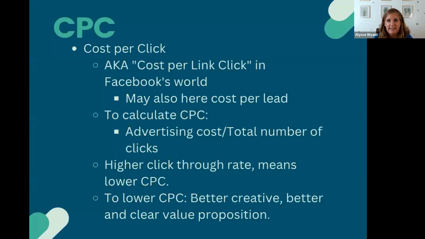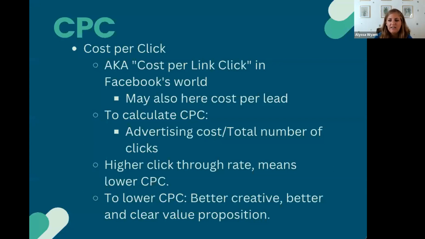I would consider it anything in cents. When we start paying dollar amounts, that is kind of high. And typically Facebook advertising is fairly cheap and inexpensive depending on the industry and target that you're trying to reach. Now, all of that is to say that if your target is very narrow, you're going to have a higher cost per click because you're not able to reach as many people.